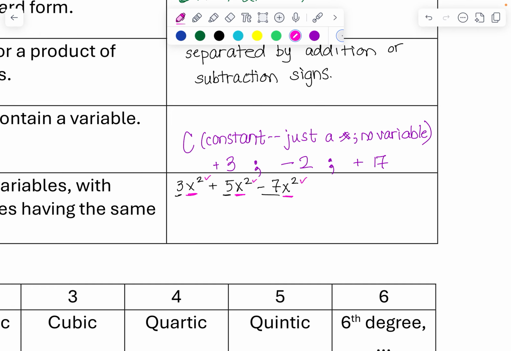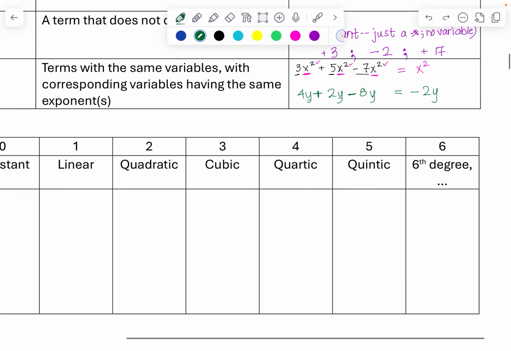So you can combine these like terms and you would end up with an x squared. Let's try it again for the next one. Suppose you have 4y plus 2y minus 8y. These are all like terms. When you combine these three like terms, you end up with a -2y. Same base, same exponent, power of 1.